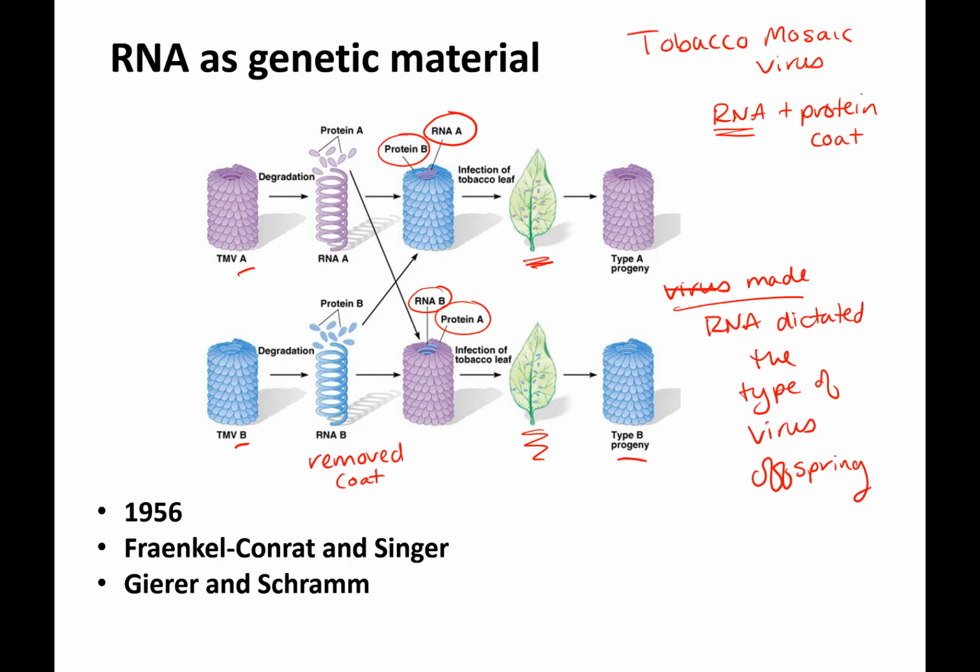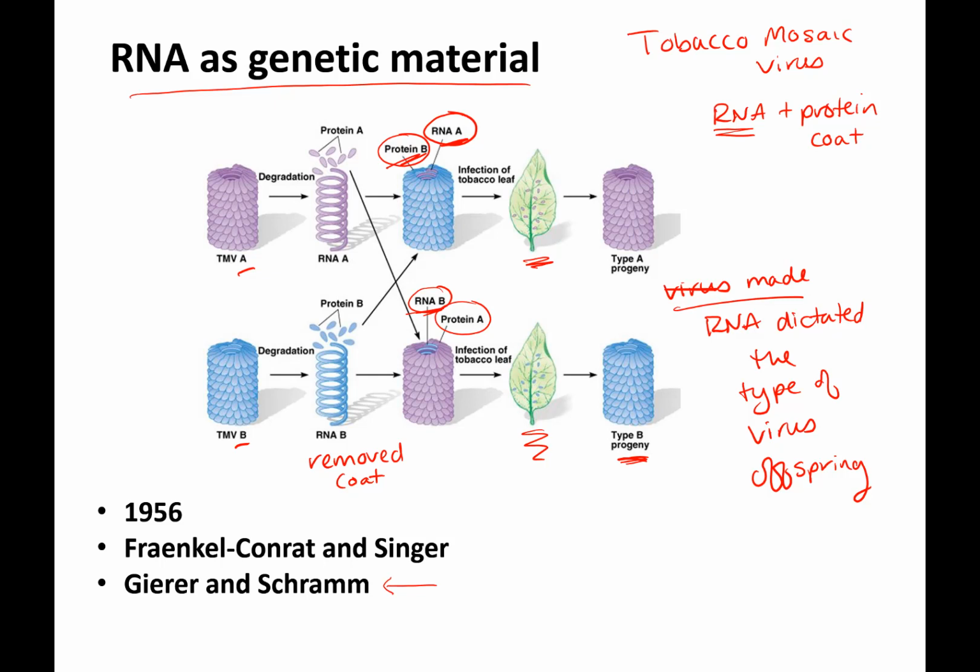Okay, so the progeny. So even though they coated this RNA A with protein B, it didn't matter. The RNA A directed the production of protein A. And likewise, the RNA B directed production of protein B. Okay. So this landed the idea that RNA was genetic material as well.